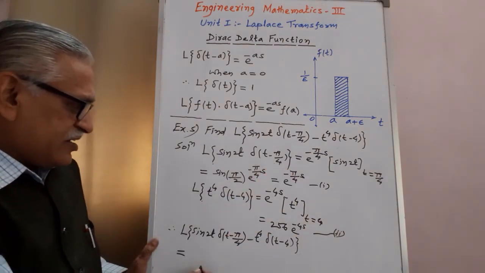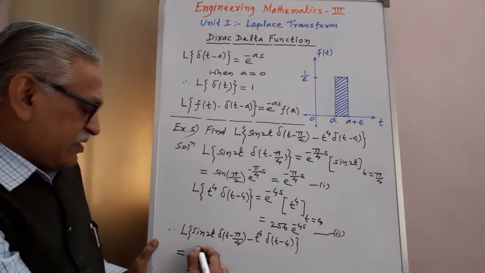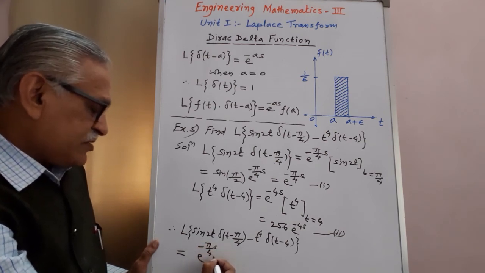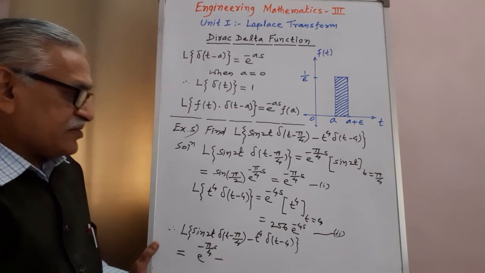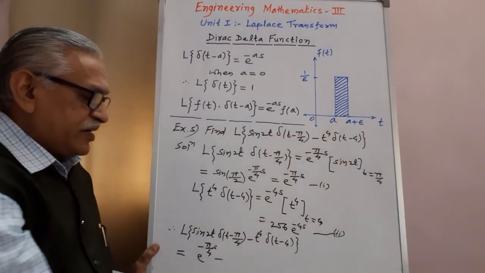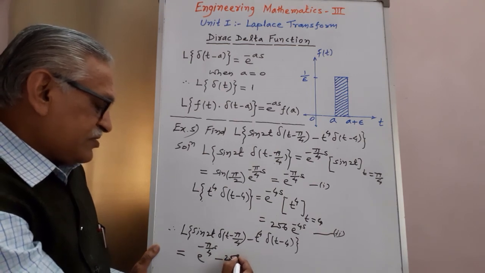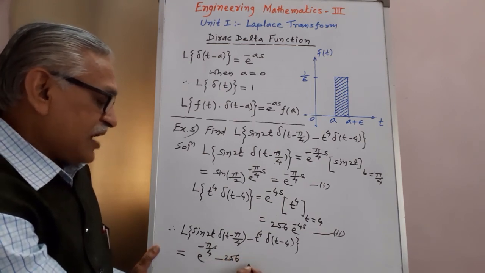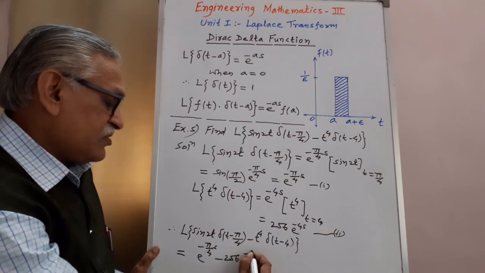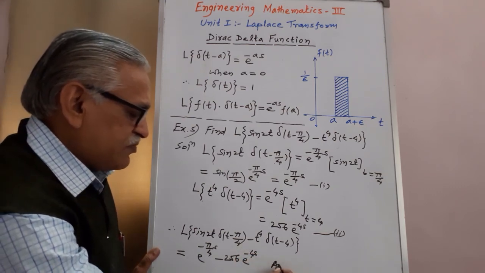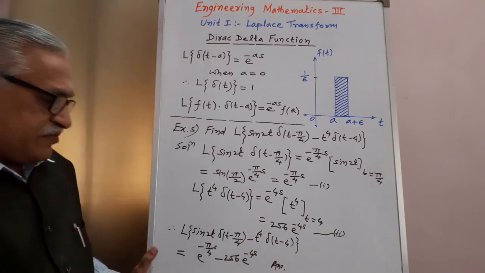The right hand side of equation 1 is e raised to minus pi by 4s, minus Laplace of the second term, and Laplace of the second term is 256 times e raised to minus 4s, which is the required Laplace transform or required answer.